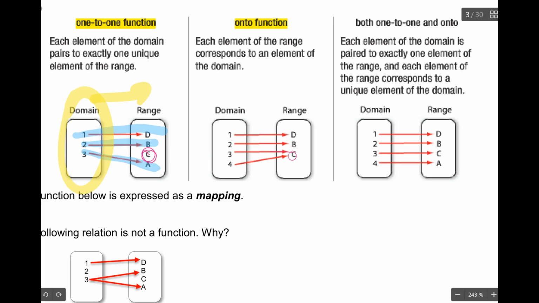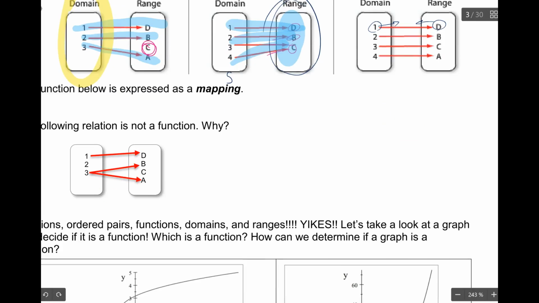So C has 2 different x's, B has an x, D has an x. So what this means is all of these characters have an x. What if I had another x over here? That was 5. So all the y's are taken care of. Maybe not all the x's. A one-to-one is both, right? So each x has exactly one y, and each y has an x corresponding. So everything is taken care of.